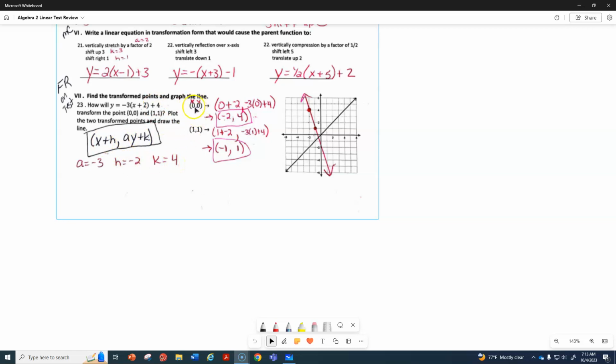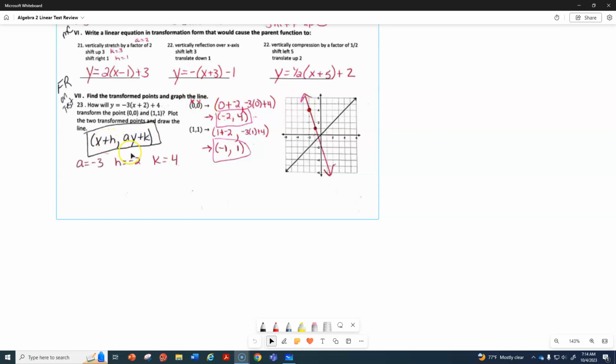Then you take the point that I give you from the parent function. I'm transforming the point 0, 0, and I'm transforming the point 1, 1. And these numbers right here are going to be what we use to change the point. So you literally go 0, which is your X value, 0, plus a -2.